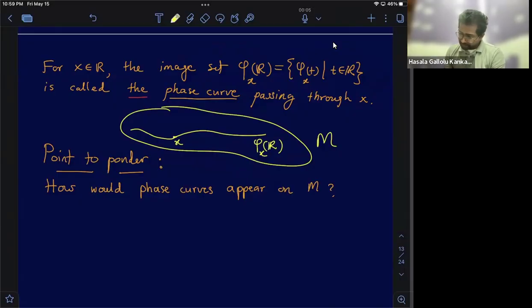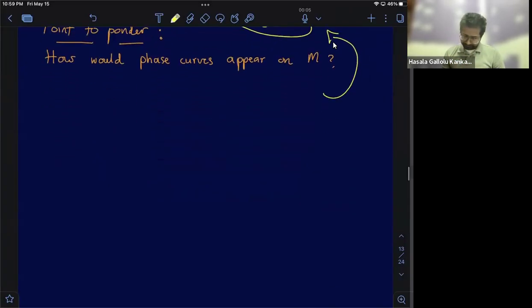So this entire curve, which is this image set, is called the phase curve on the phase space. This is living in the phase space, and it is the phase curve passing through x. And then, a point to ponder: how these curves appear on M. Of course, that is exactly what we just described. There is nothing to ponder here. You can just think about the way that it's going to appear.